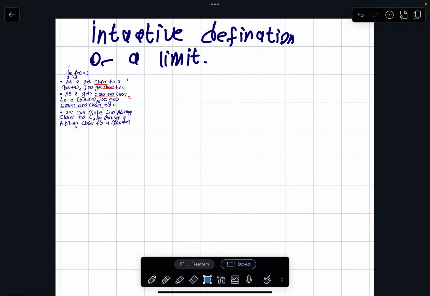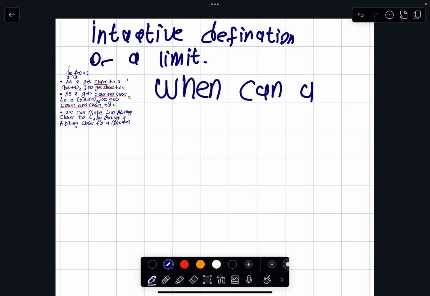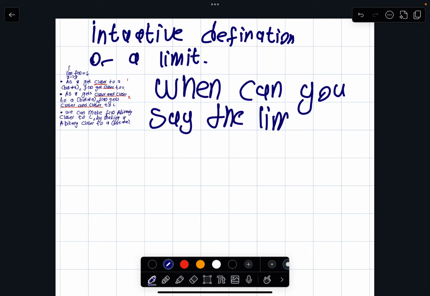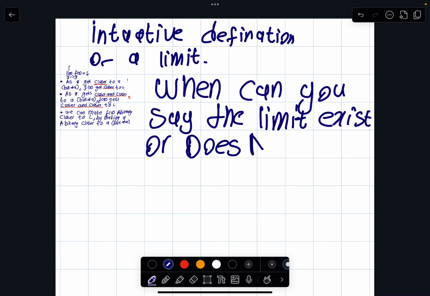So another one, they will ask you when can you say the limit exists or does not exist.